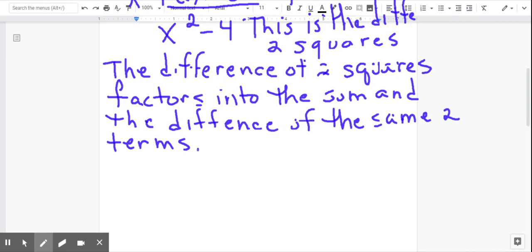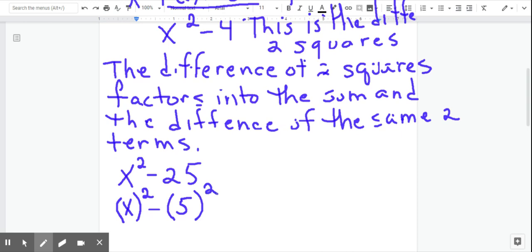So for example, if I have x squared minus 25, that's the difference of two squares. X quantity squared is x squared. What squared is 25? 5.